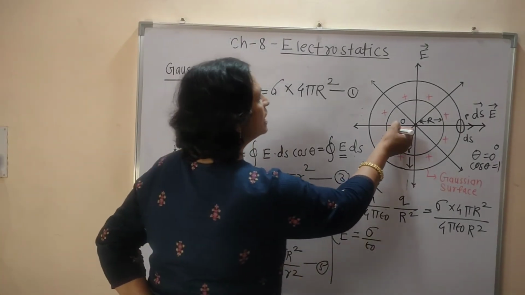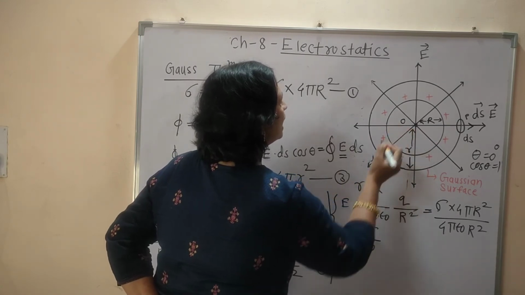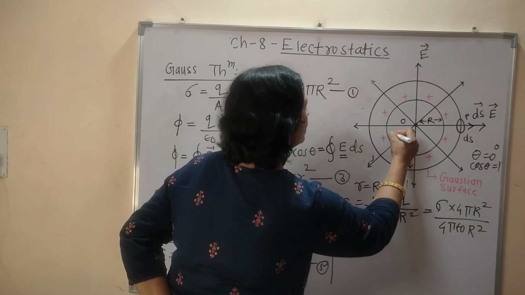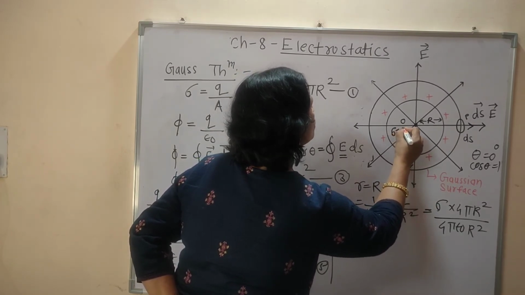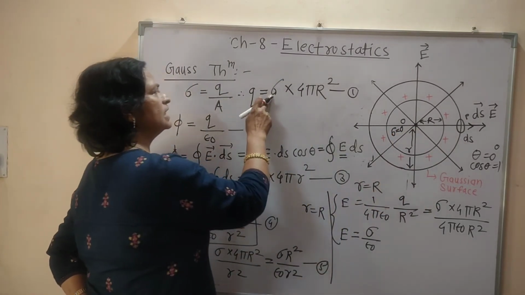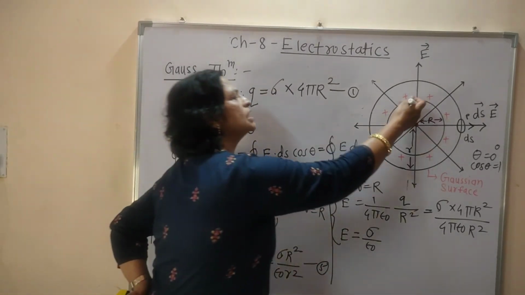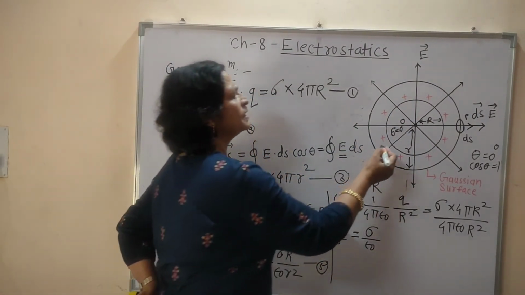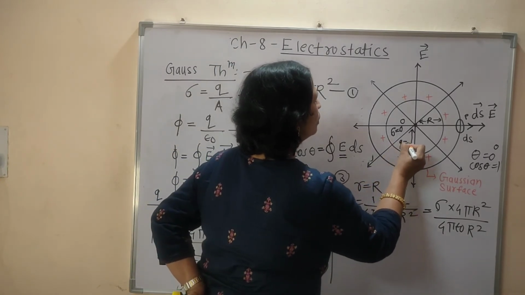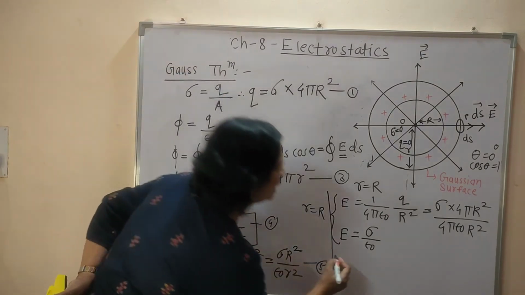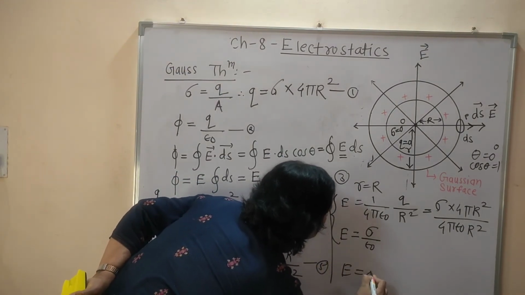Then what is the value of electric intensity inside this sphere? Inside this sphere no charges are there, so sigma equals 0, and if sigma equals 0, the net charge inside this sphere is 0. If Q equals 0, then the flux will be 0, and therefore the electric intensity is 0.